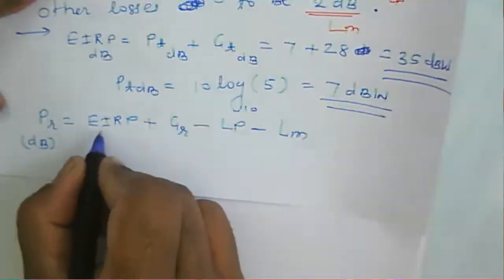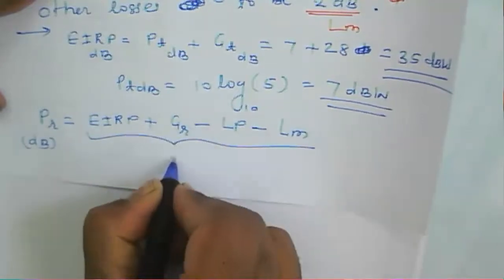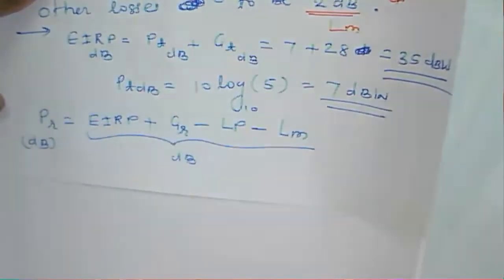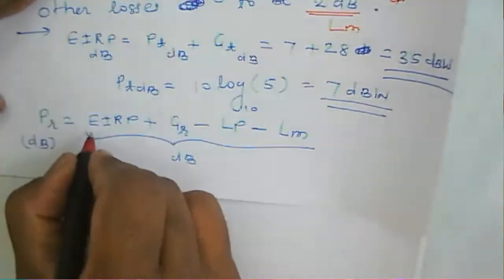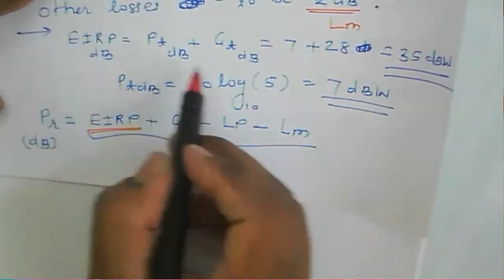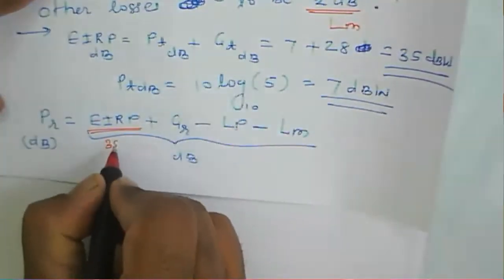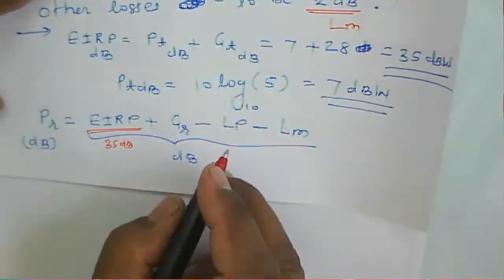All the terms are in dB now. Now EIRP we got, that is 35 dBW here.